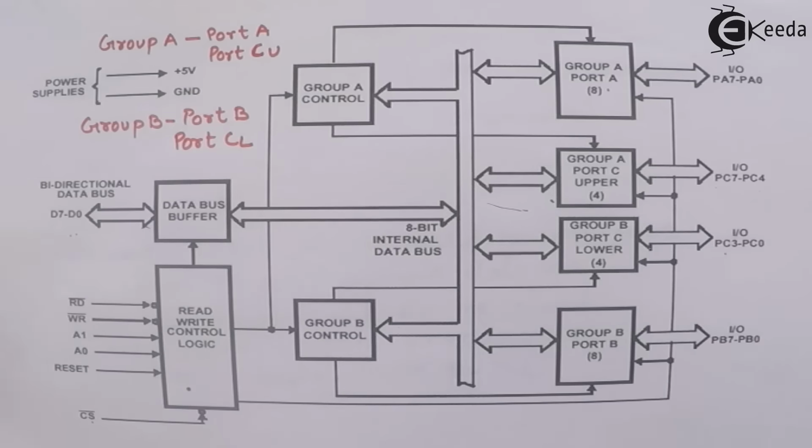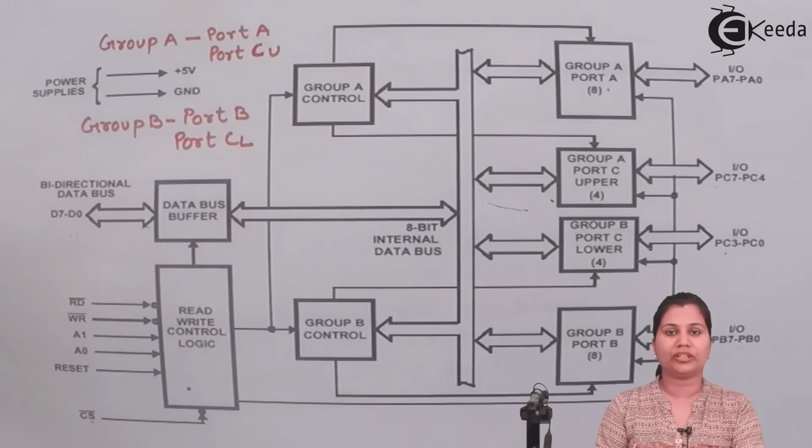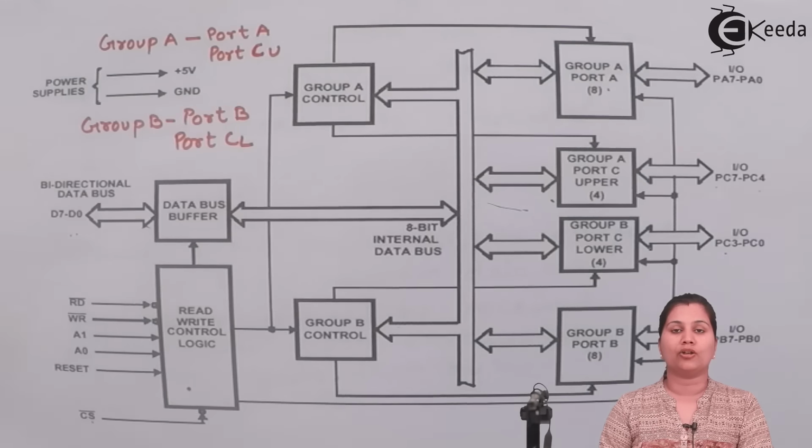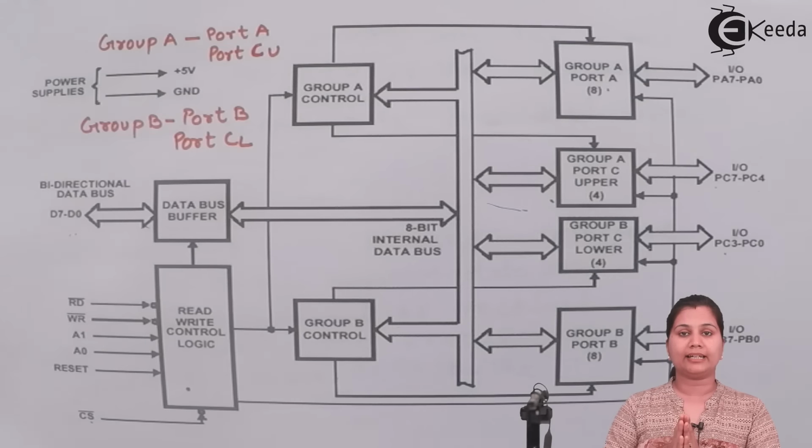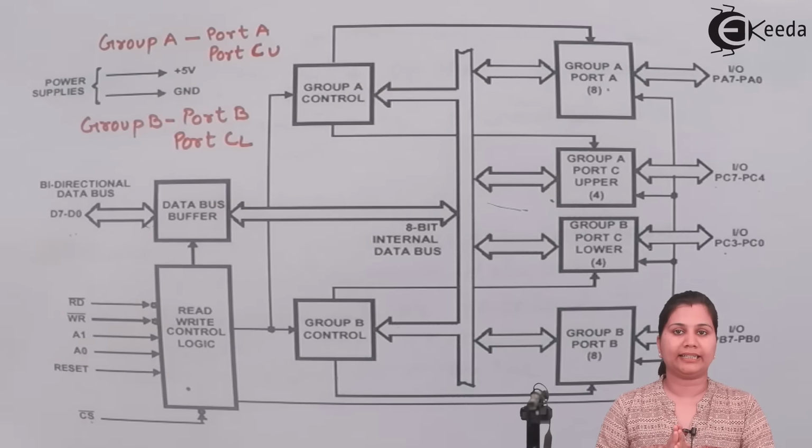So in this video we studied the programmable peripheral interface 8255. This 8255 acts as a peripheral device which is an interface between the microprocessor and some of the input output devices. Whenever the microprocessor wants to communicate with an input output device, this 8255 is connected in between, so it is acting as a programmable peripheral interface.